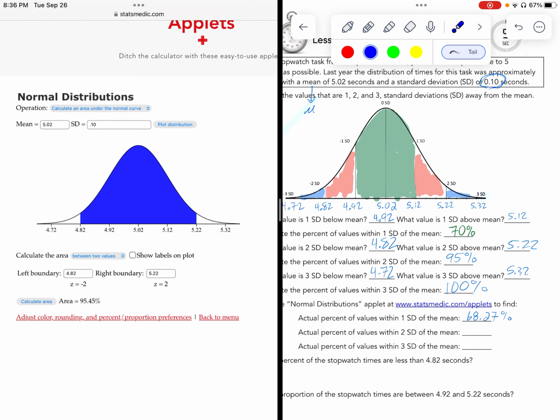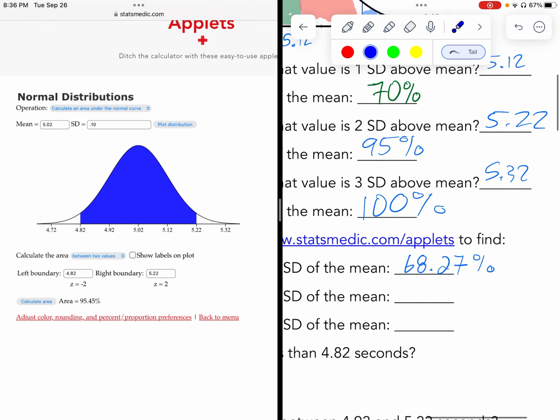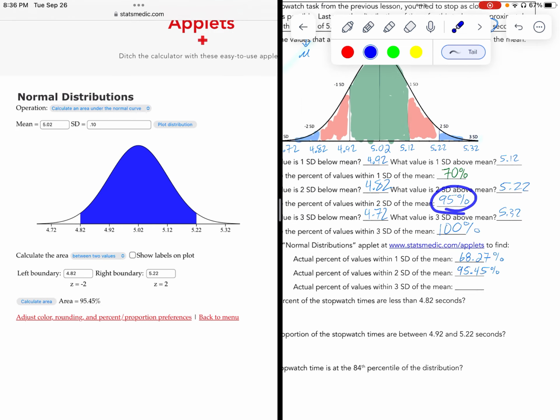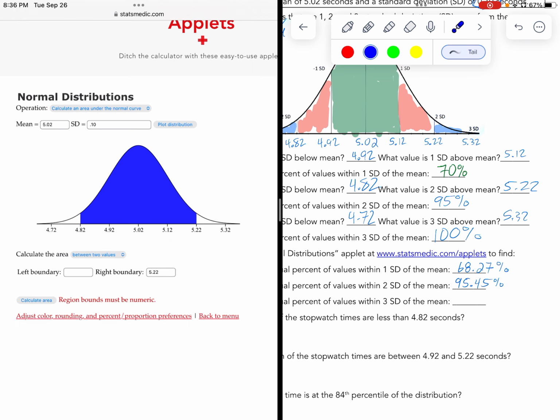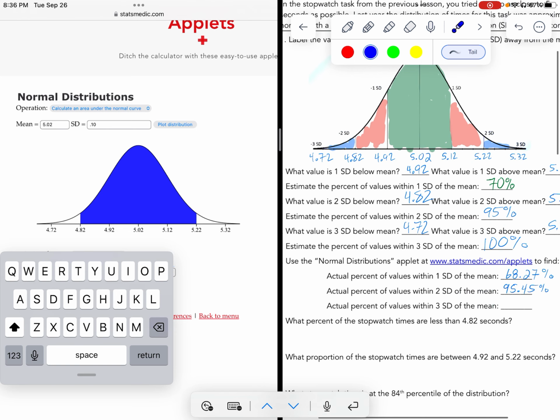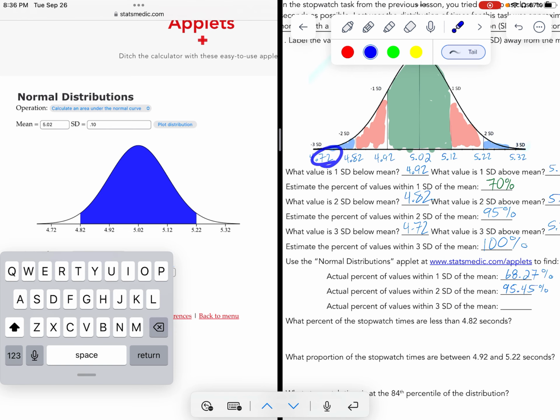Calculate the area, and we have 95.45. I kind of cheated earlier because I knew where I was headed. And then the third one, we'll go from the very lowest to the very highest.